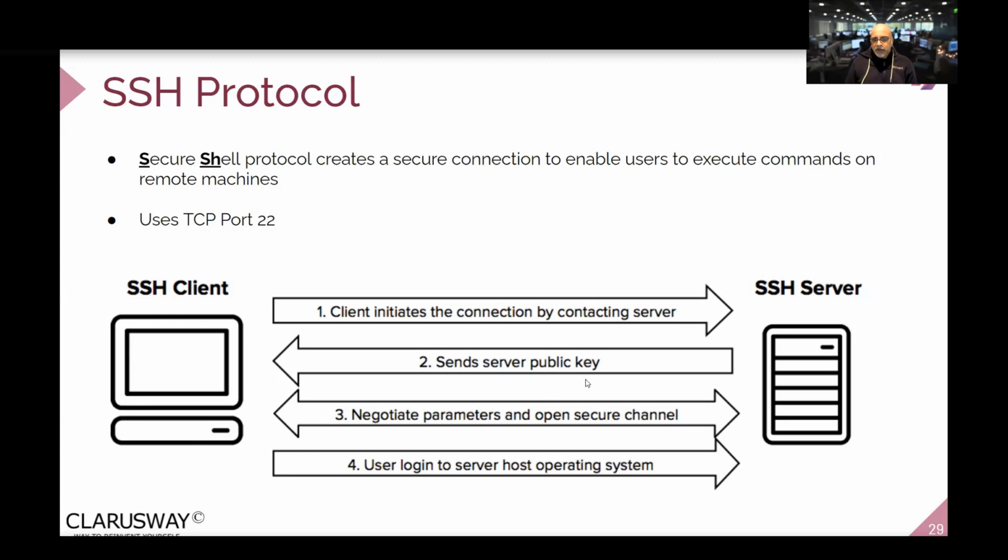But it's sending over a public key, which the SSH client, or your machine, gets. And then there's some negotiation, and then the channel is open, and then you can log in and start using that machine.